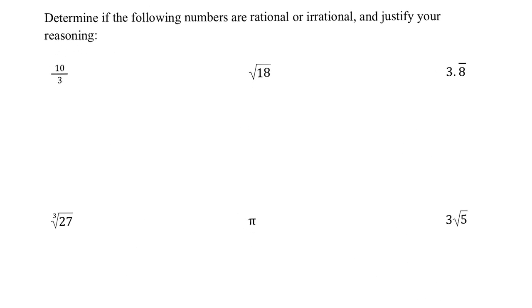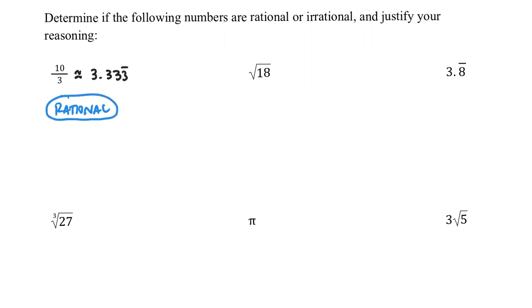10 thirds. If you put 10 thirds into your calculator, you're going to get 3.333 repeating. That is a repeating decimal, so this is rational. Okay?